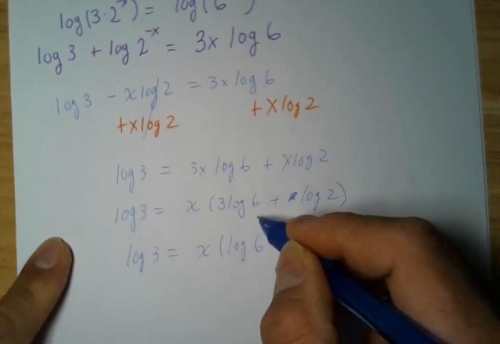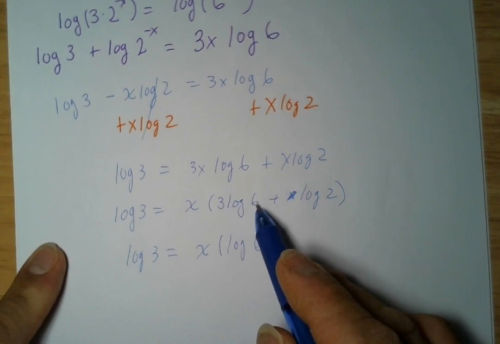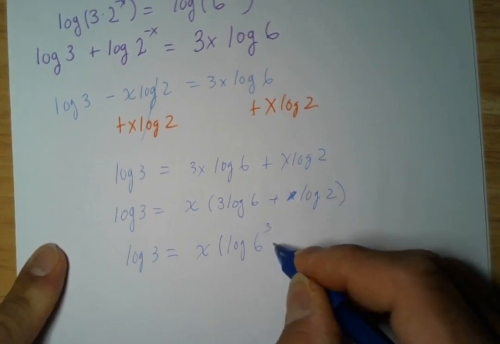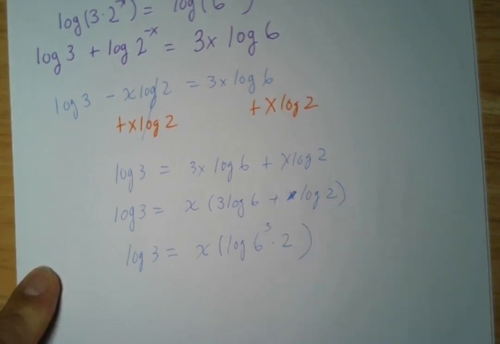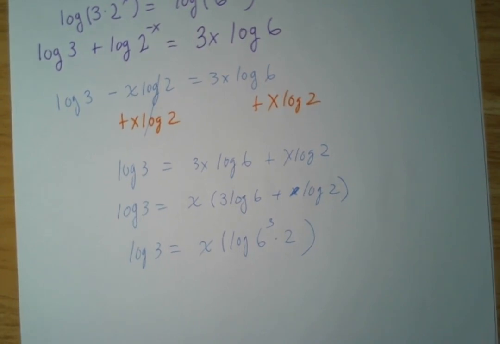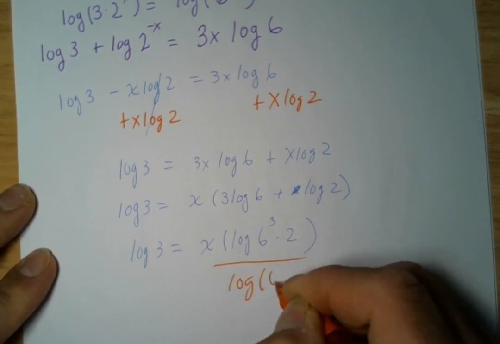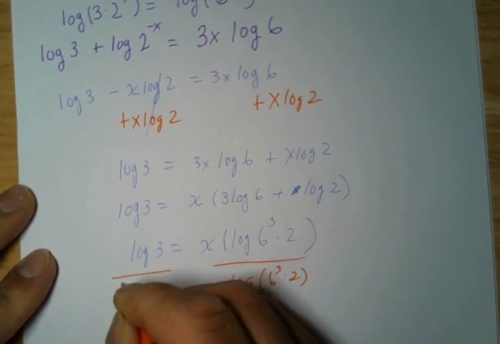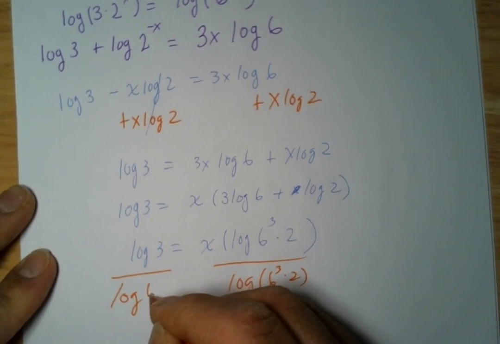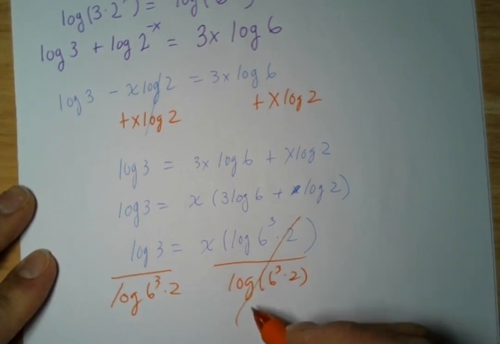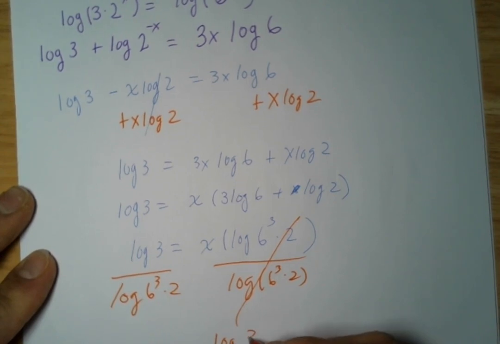It's the power rule. So 3 is the exponent here, and then here times 2. All right, and then divide both sides by whatever this value is, so that becomes 1, and we get x is equal to log 3 over log of 6 cubed times 2.